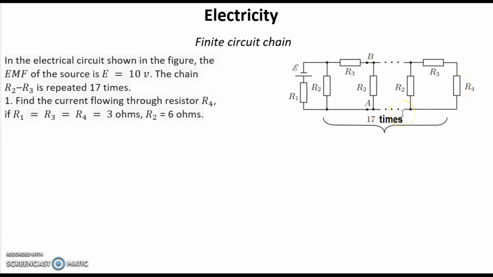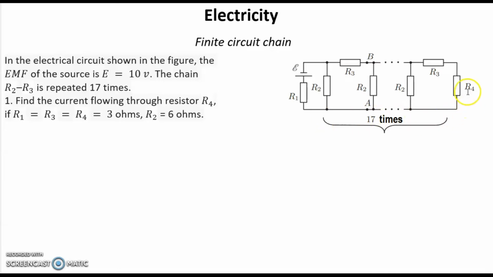So we have the same situation as before, but now when we exclude this part, we have the same chain with current 2I through this equivalent resistance. And we can repeat this procedure 17 times.